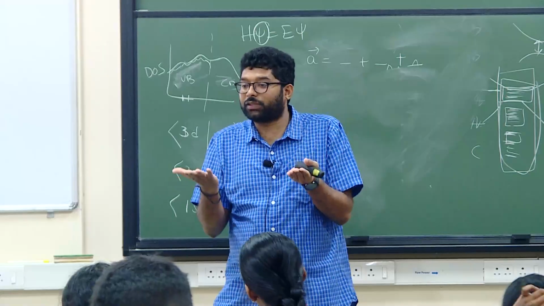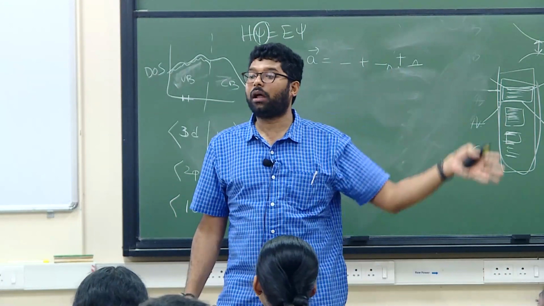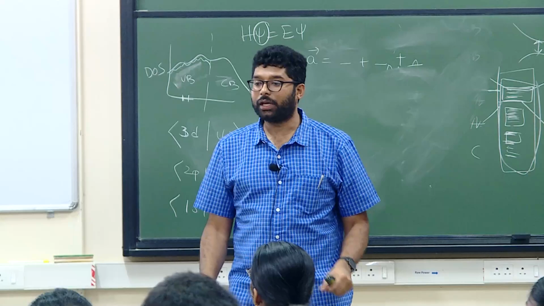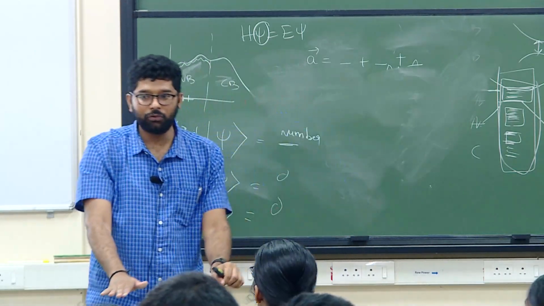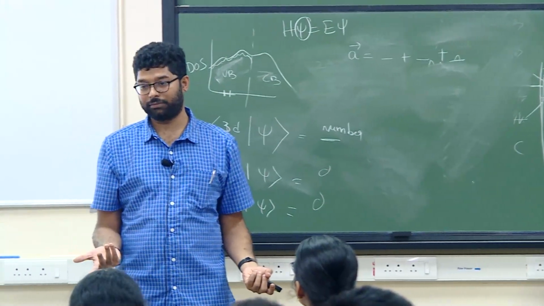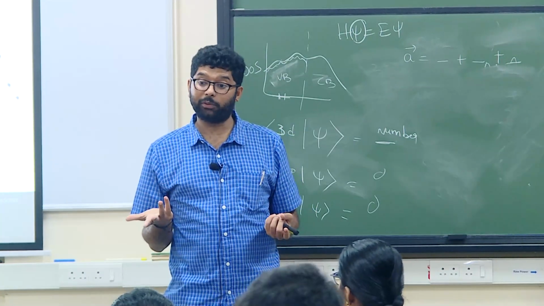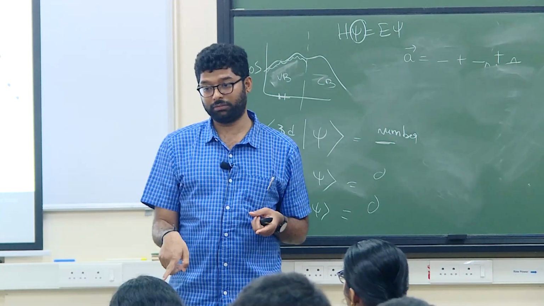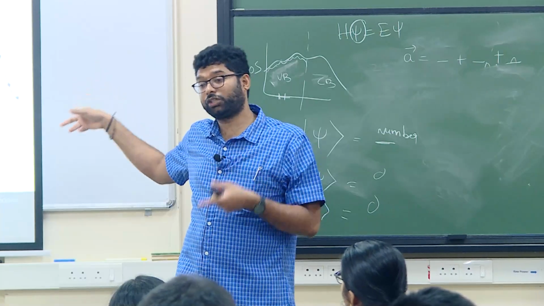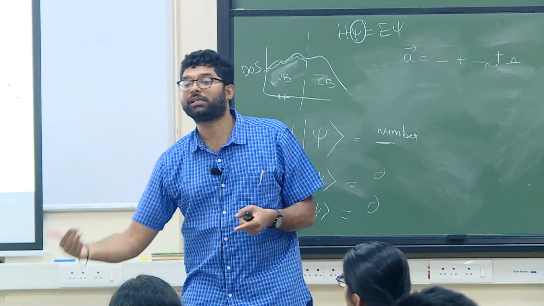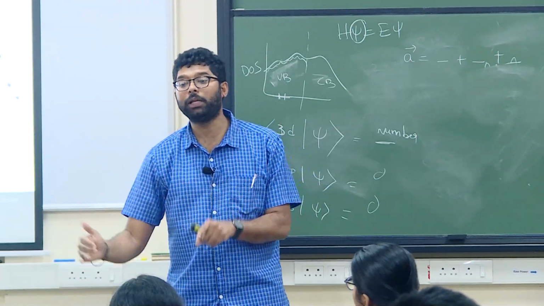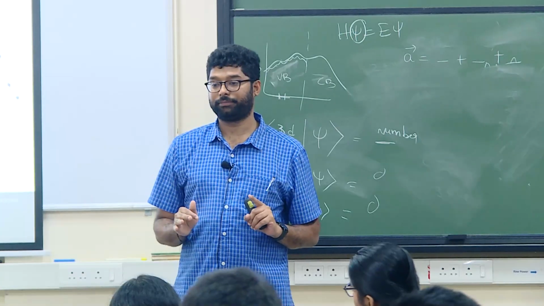When that difference is more, you will need a lot of motion to happen. Here you can just sit on this and simply move like this. There it is not like that. That's all I am trying to mention. Although the most comfortable position for you is in the chair only, that is the S3 site, it is very strongly binding, but because the next site is very similar, I can simply move from one site to the other.